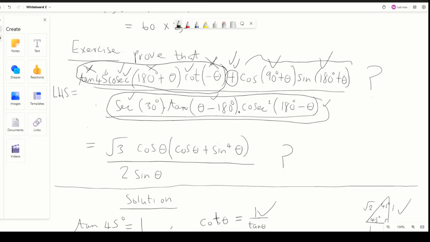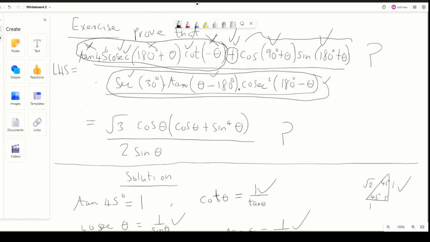It's one term, right? Three factors, one term, okay?